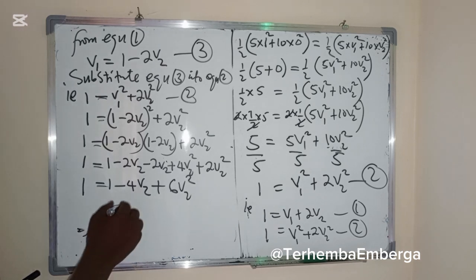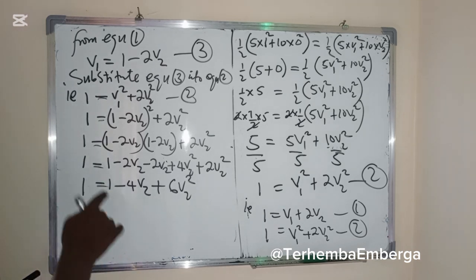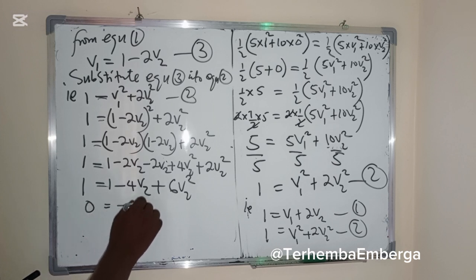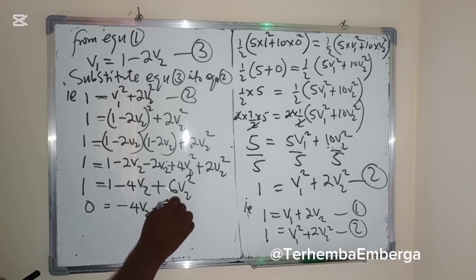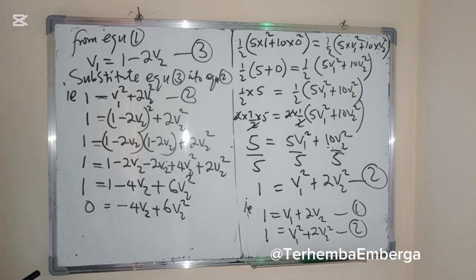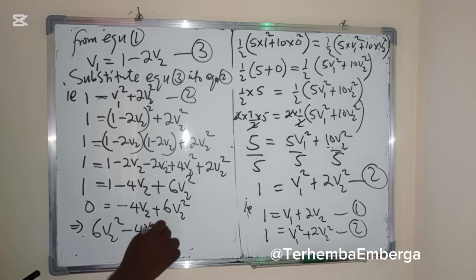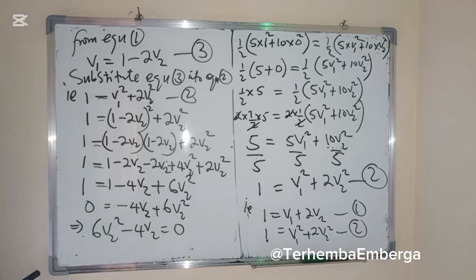From here, we can take this to the other side. This becomes 0 equal to minus 4v2 plus 6v2 squared. And we can write this equation as 6v2 squared minus 4v2 equal to 0.